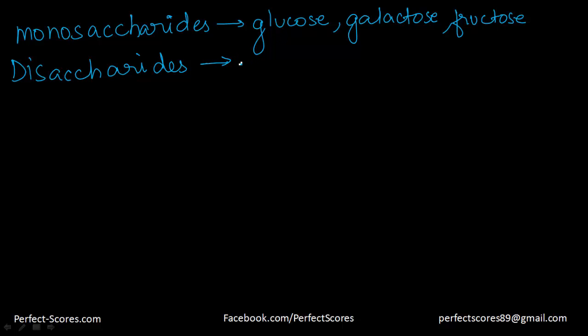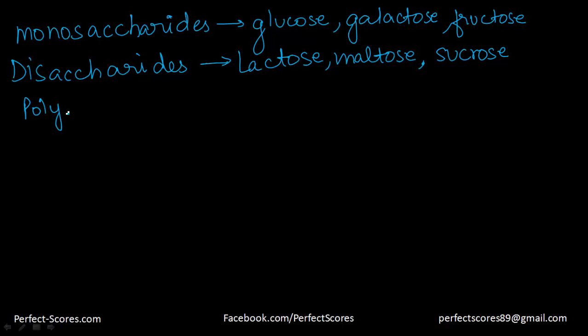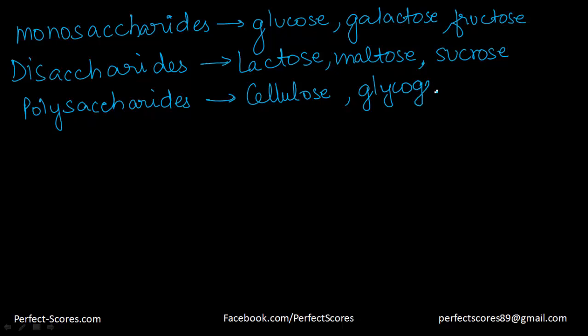For example, lactose, maltose and sucrose. And then there can be polysaccharides with more than 2 units. For example, cellulose. So these are all a little complex molecules. Glycogen and starch.